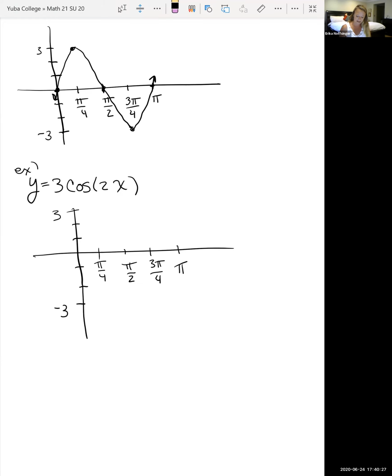But like you said, this is a cosine function, so instead of the origin, we're going to start at either the max or the min, depending on whether the coefficient in front of the cosine is positive or negative. Since it's positive, we're going to start at the max of 3. We're going to come down to the quarter point and hit the x-axis. Halfway point of the period, we're going to come down and hit the -3, come back up, hit the x-axis, and then hit +3.